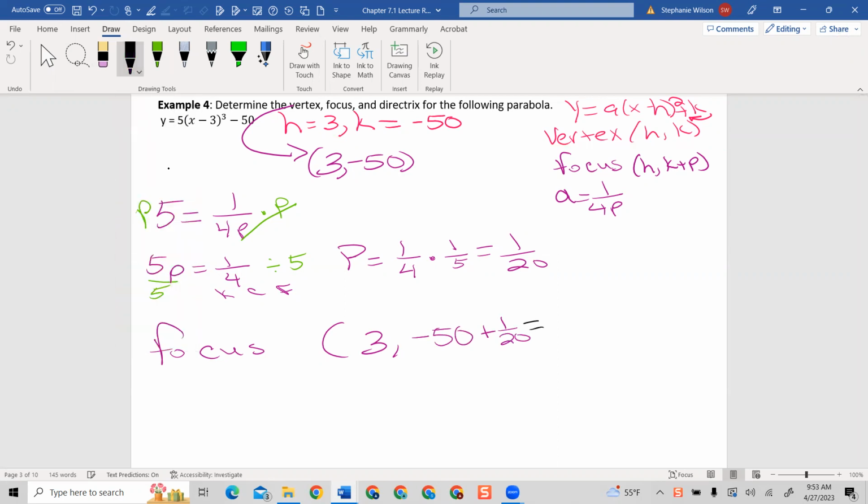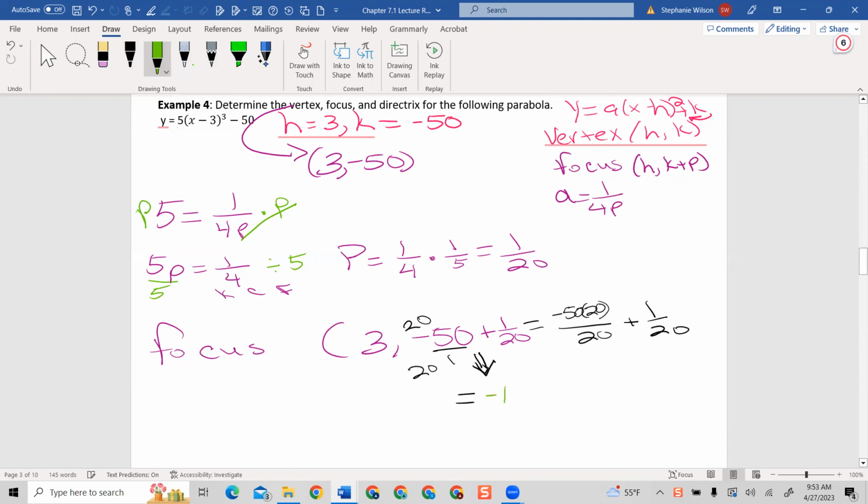That equals, well, we need a common denominator, right, in order to add this fraction. So I see 20 is going to be my common denominator. So I'm going to multiply top and bottom by 20. So I got -50 times 20 all over 20 plus 1/20. So when I multiply that 50 times 20, I'm just going to come down here and finish solving this one.